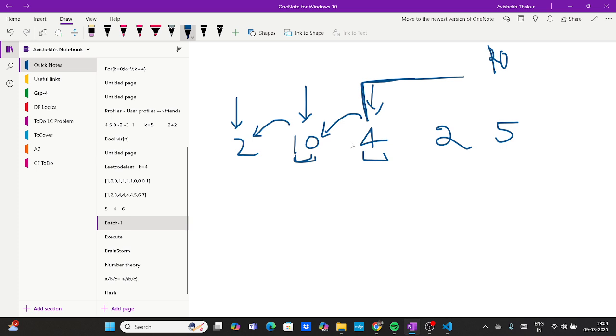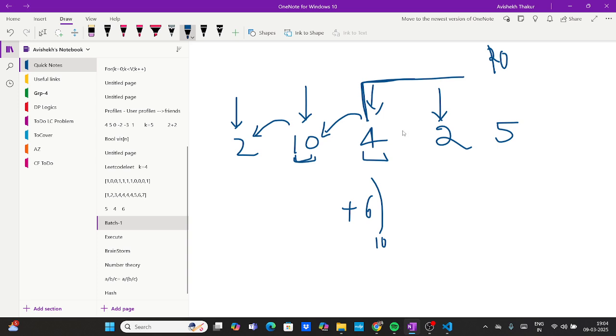Now, how many times do I need to increment 4 in order to reach 10? 6 times. So can I say the number of increments I will do is nothing but plus 6? So this 4 will become 10 at the end somehow.